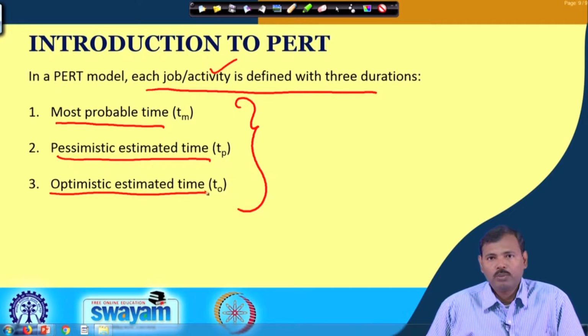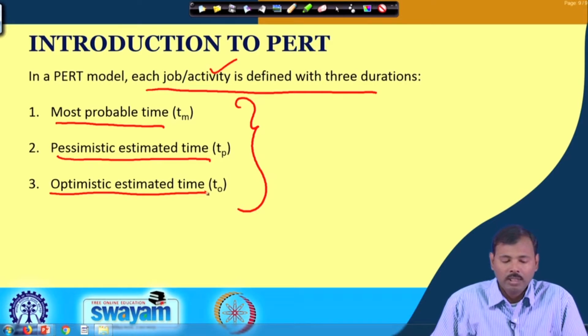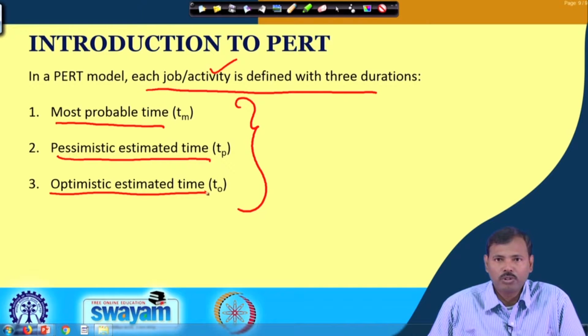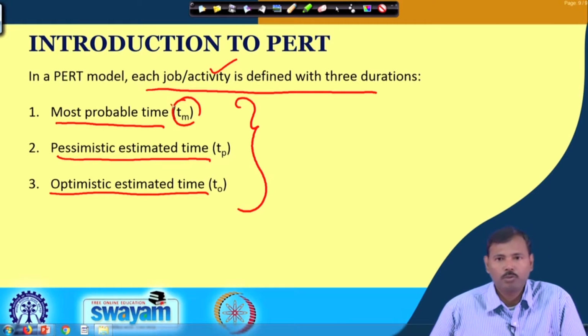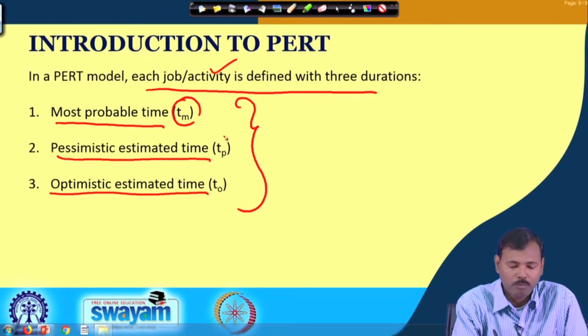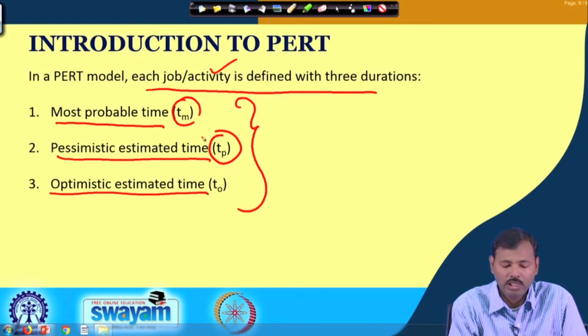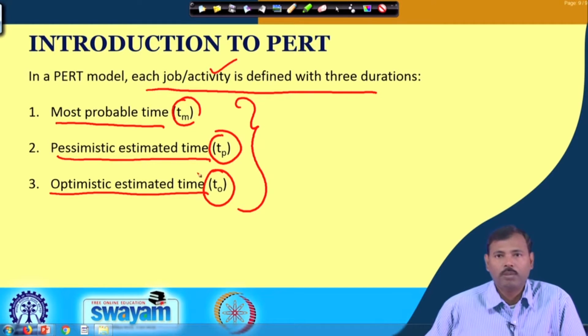So, suppose if time is one attribute, in that condition for a single attribute we consider 3 values. One is the most likely or most probable value, another is the most pessimistic value, another is the most optimistic value.